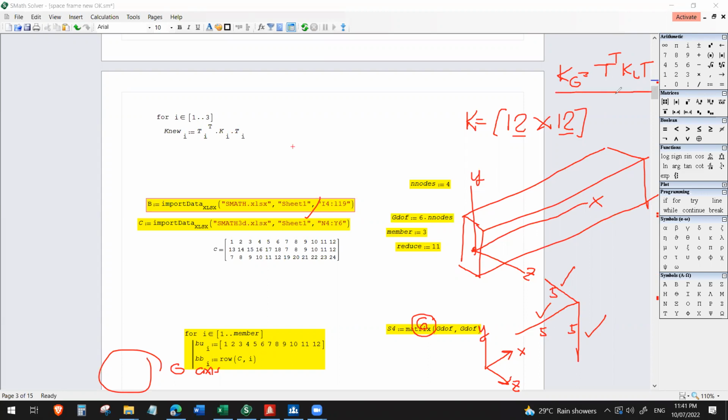This is what we follow in order to find the global stiffness matrix. So as you see, it's still the same here in our space problem. It's the same formula. It's just that we have a different local stiffness matrix, and we also have a different transformation matrix as compared to the truss problem.